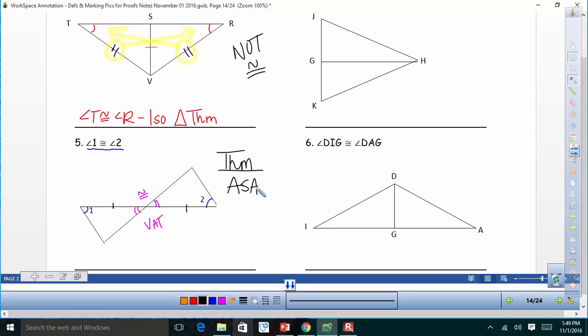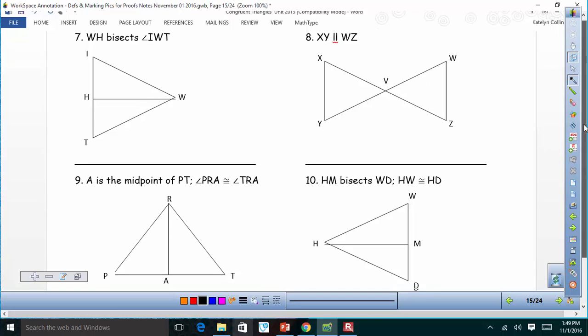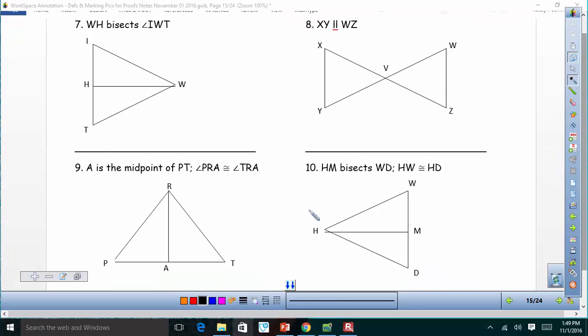Okay, I'll do a couple more for you. So let's take a look at 7. So in number 7, it tells you that these angles are congruent. You're given that. And then you're given that these sides are congruent.